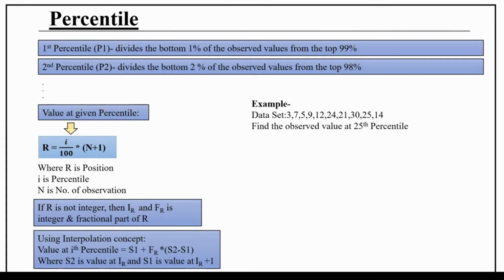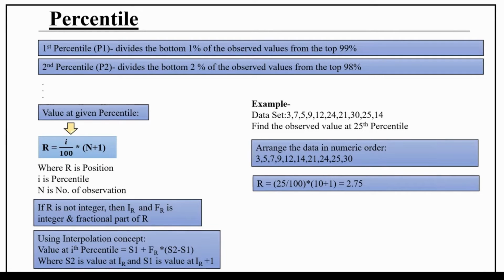Now let's solve one problem to understand this percentile concept more clearly. First, arrange the numbers in ascending order. After arranging the numbers in ascending order, let's find the R value, that is the position. Here I is 25, n is 10, so the value coming out is 2.75.